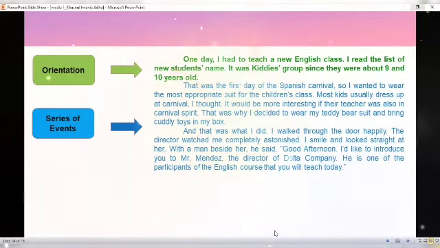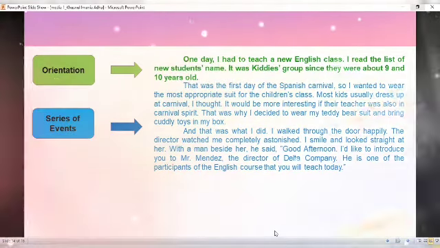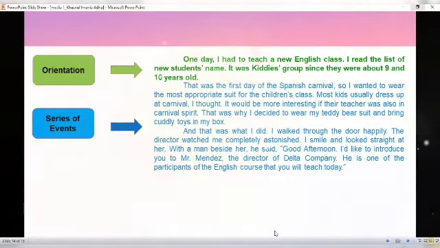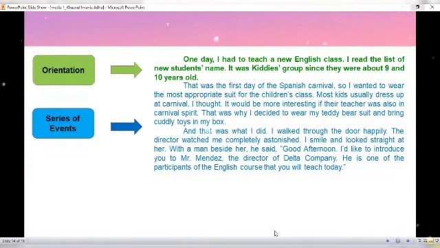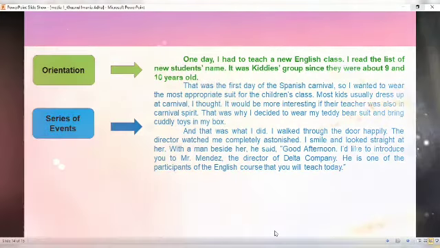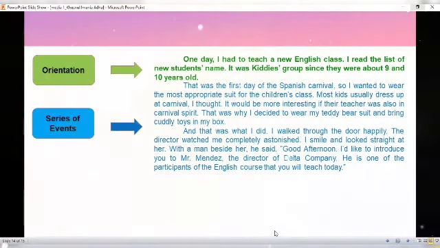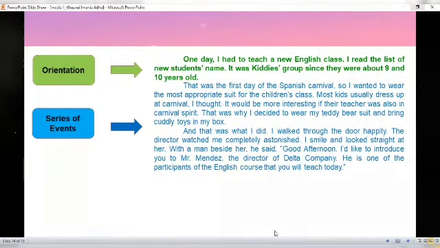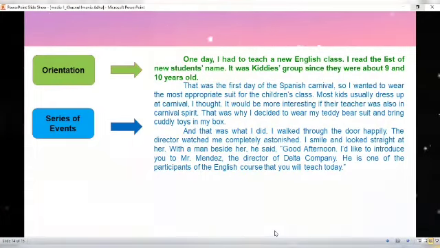Okay, we have 2 paragraphs here. That was the first day of the Spanish Carnival, so I want to wear the most appropriate suit for the children's class. Most kids usually dress up at Carnival, I thought. It would be more interesting if their teacher was also in Carnival spirit. That was why I decided to wear my teddy bear suit and bring cuddly toys in my box.